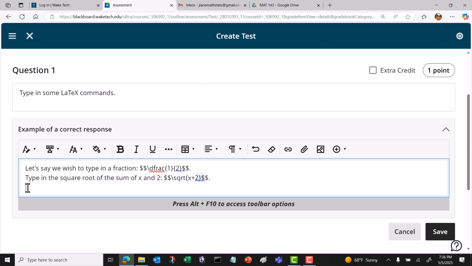The next command, let's say that we wish to type in some calculus typesetting.